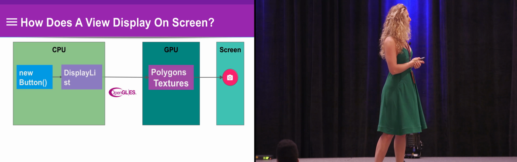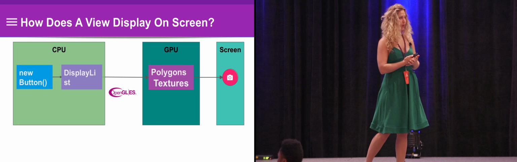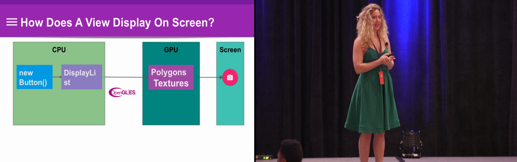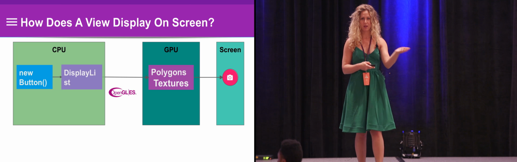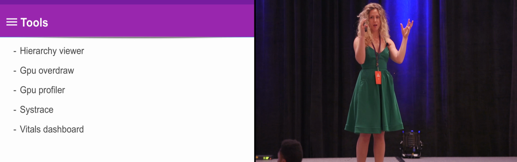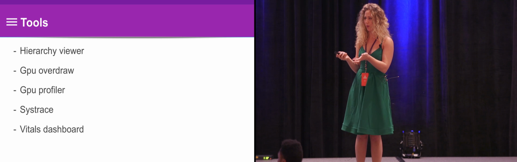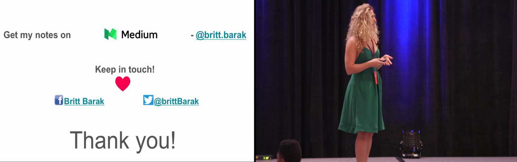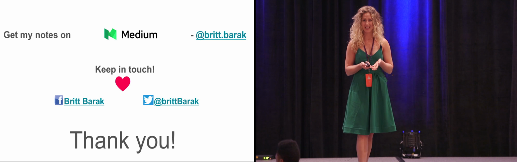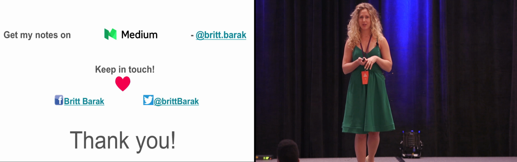So this is all that we have for today. We saw the process of how things go on under the hood, of how a view, an object that you as a developer write, becomes pixels on the screen. And then we saw some tools that can help you profile the situations in your app.